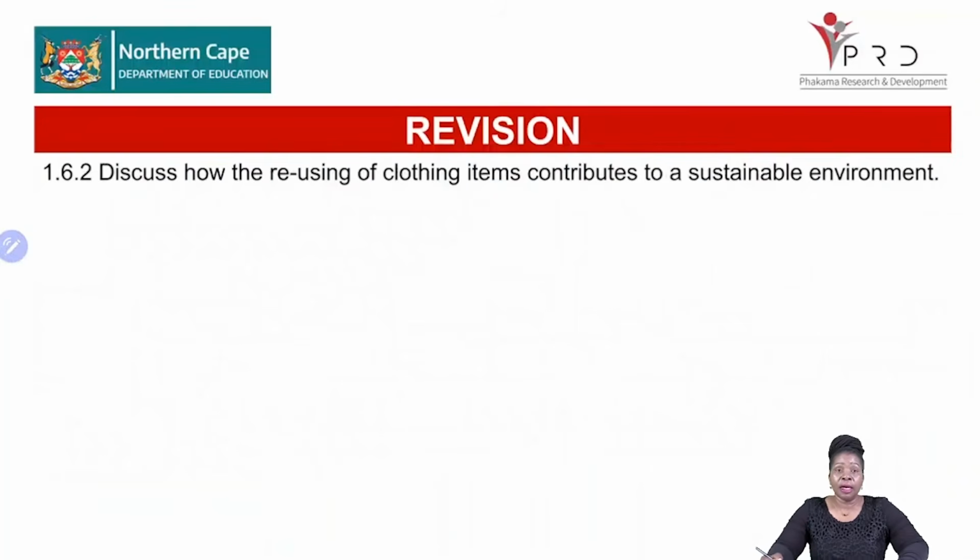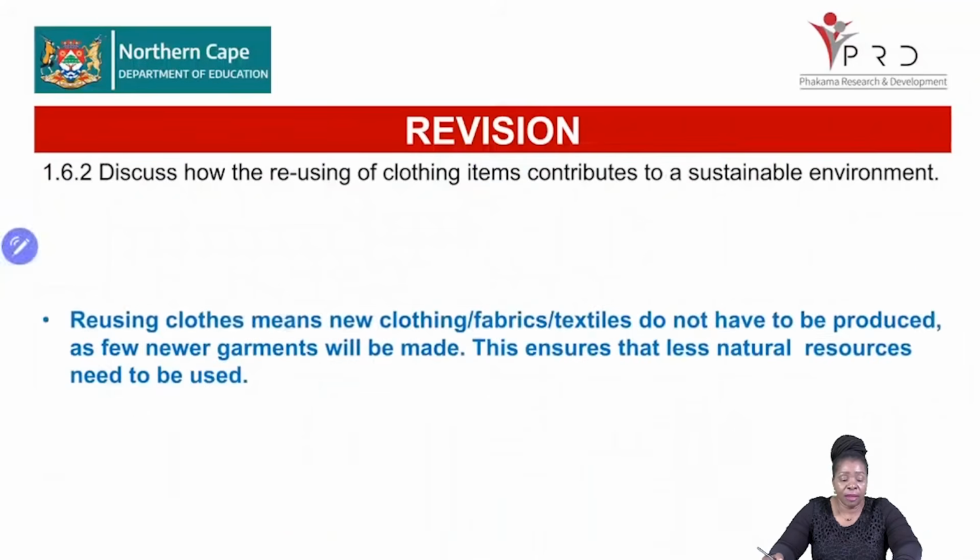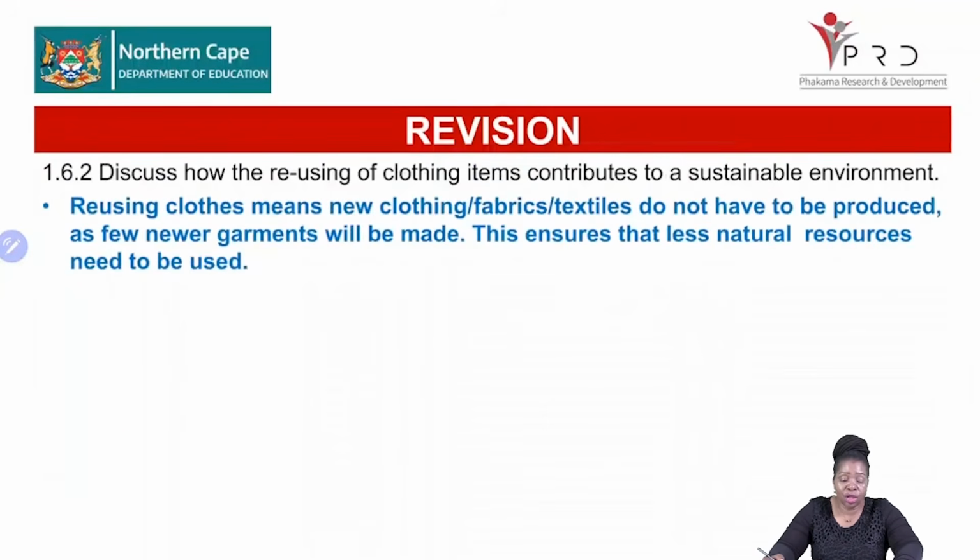And then our next question, 1.6.2, says, discuss how the reusing of clothing items contributes to a sustainable environment. Our answer says, reusing clothes means new clothing, fabrics or textiles do not have to be produced, as fewer new garments will be made.